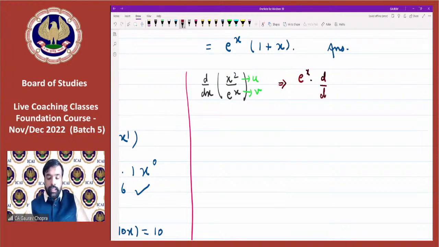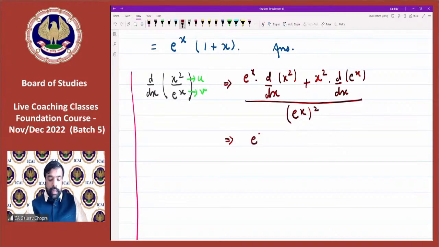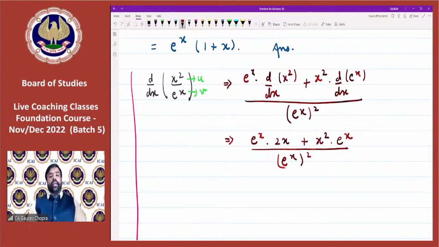Then d by dx of x square plus this time x square will remain as it is and then d by dx of e to the power of x, whole divided by square of e to the power of x. So let us solve this. What will happen? E to the power of x multiply by 2x plus x square multiply by e to the power of x, whole divided by e to the power of x whole square.